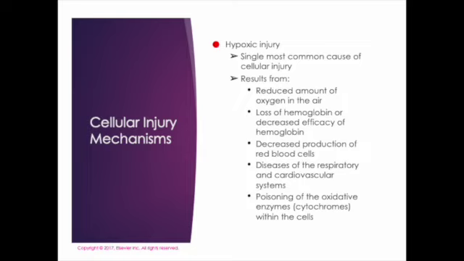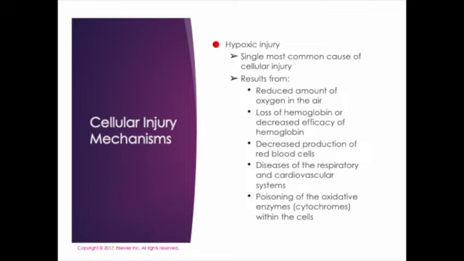So we're going to talk a little bit more about hypoxic injury. It is the single most common cause of cellular injury, and it occurs when our cells are deprived of an adequate amount of oxygen. There are several reasons that this can occur.